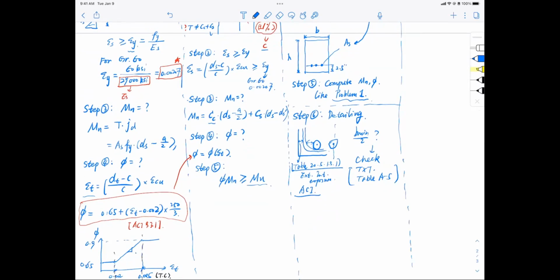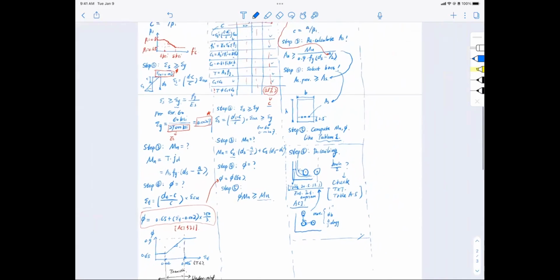Now, if you have one layer of bars or two layers of bars, remember the spacing requirement: 1 inch, db, or 4/3 the aggregate size, whichever is the maximum. Whether you have enough spacing, all this goes into the detailing calculation. And then you're done.